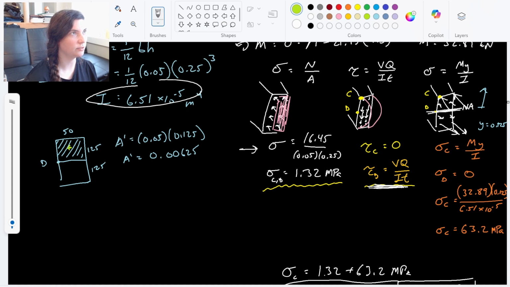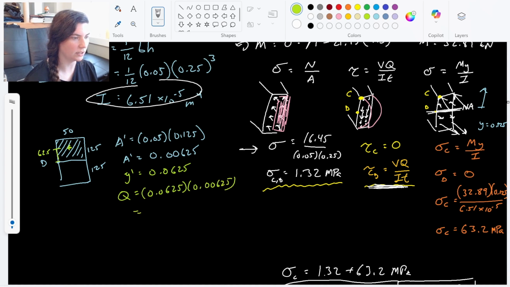So the distance from my axis to the centroid is going to be half of 125, 62.5. The y bar prime is 0.0625. That gives me a Q value, multiplying those two together. 0.00625.